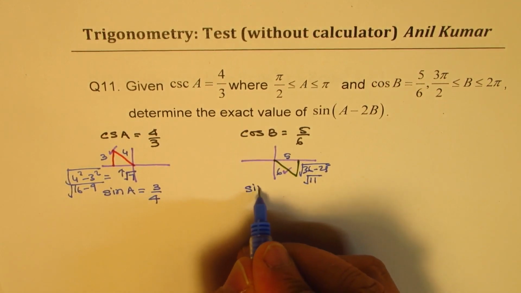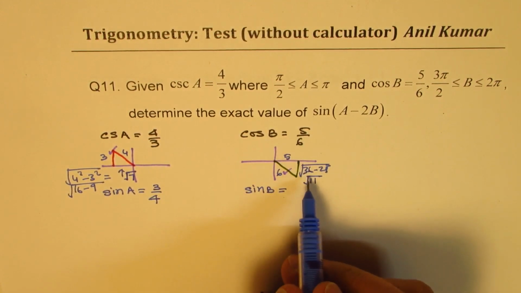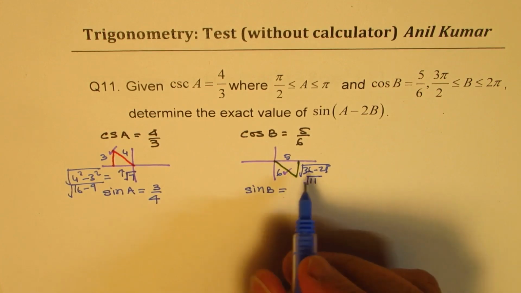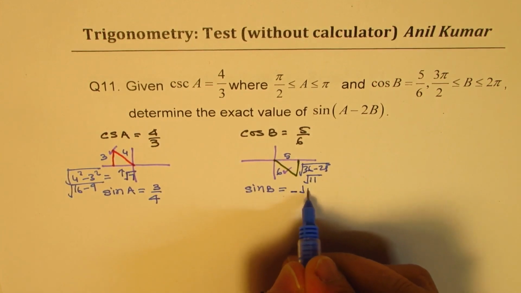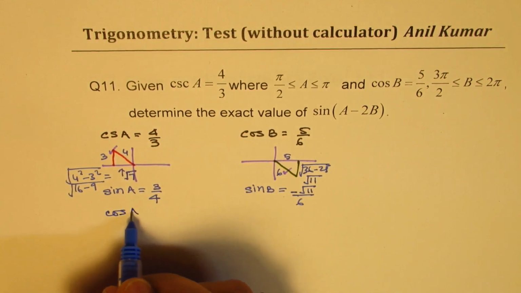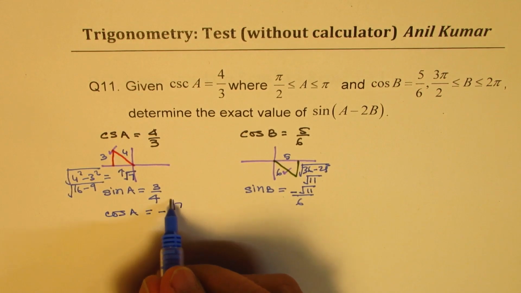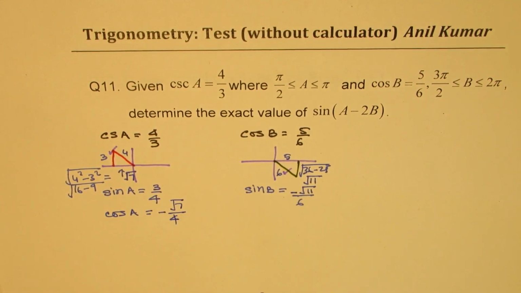What is sine B equal to? Sine B has to be negative because we are in quadrant 4. So it is negative square root 11 over 6. What about cos A? Cos A will be negative square root 7 over 4. Correct? So these are your values to work with.